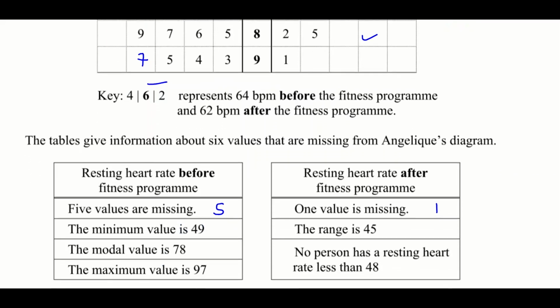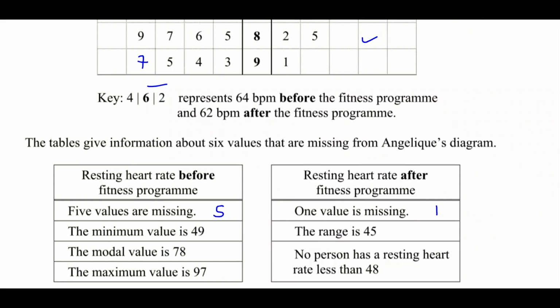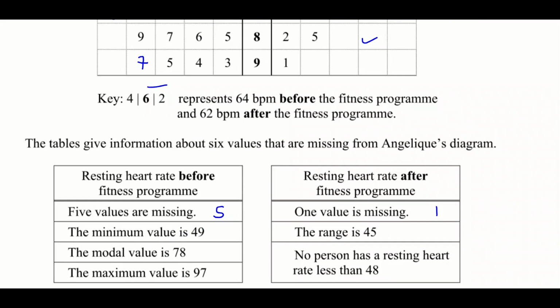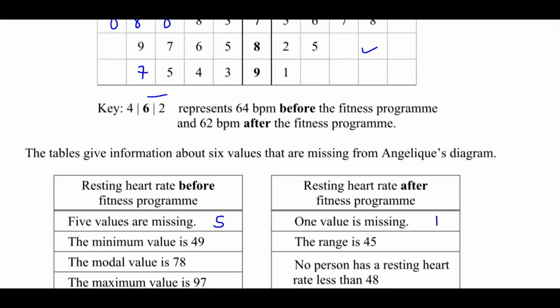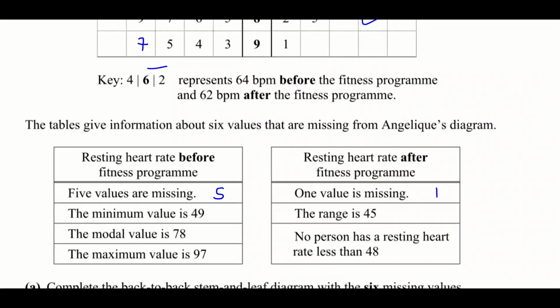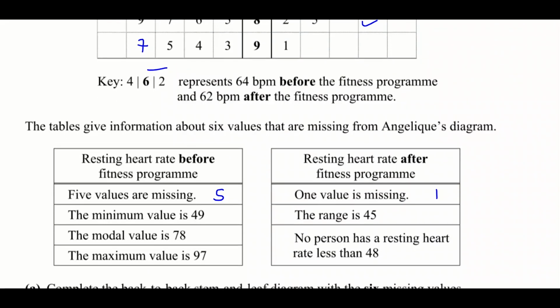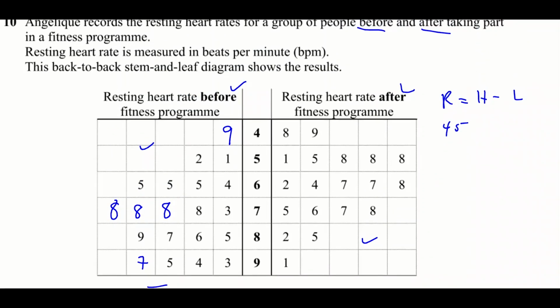Let me cross check that again. Yes, 45. No person has a resting heart rate less than 48, so the lowest will be 48. According to the information, the highest number is missing, of course. So if we do this, it will be 45.